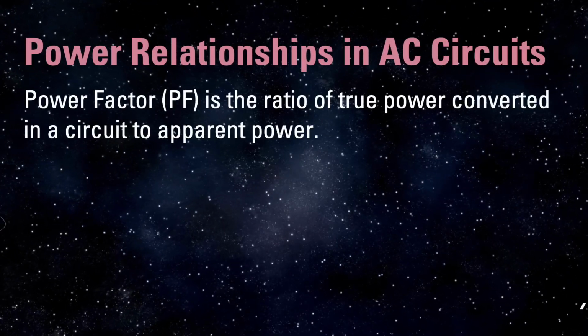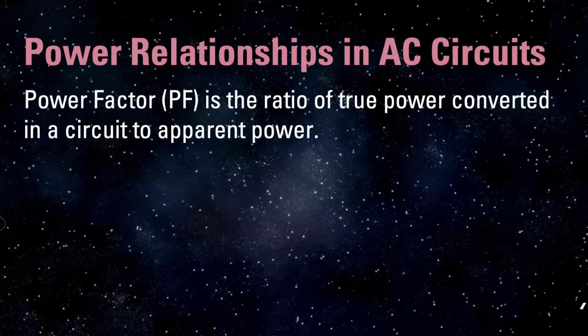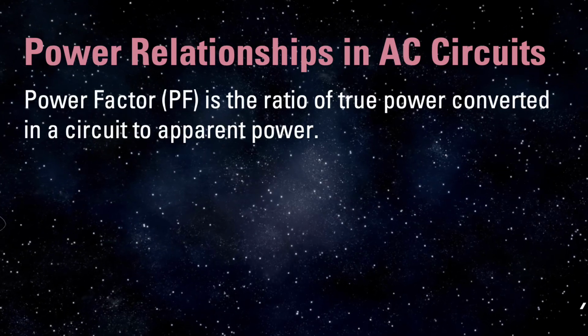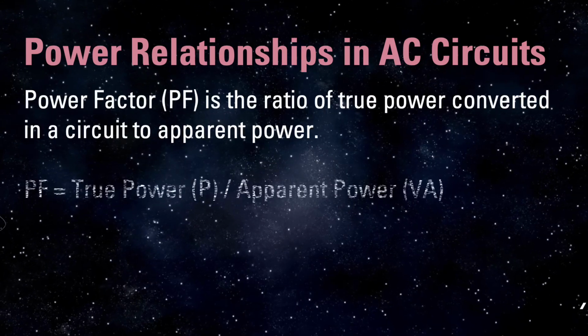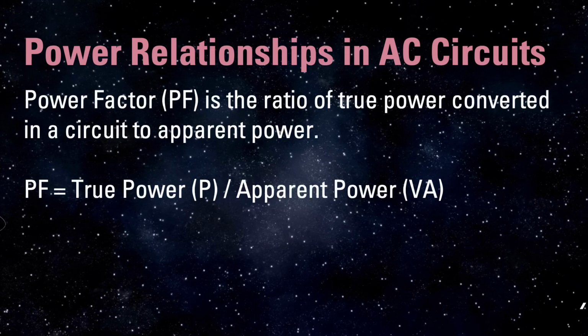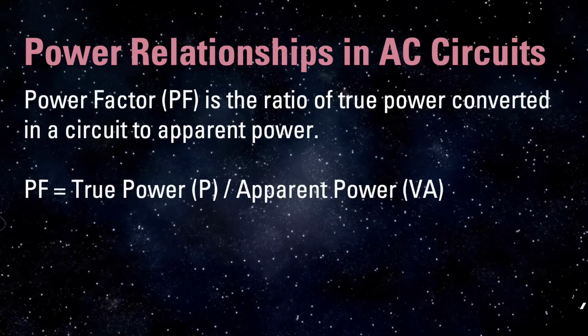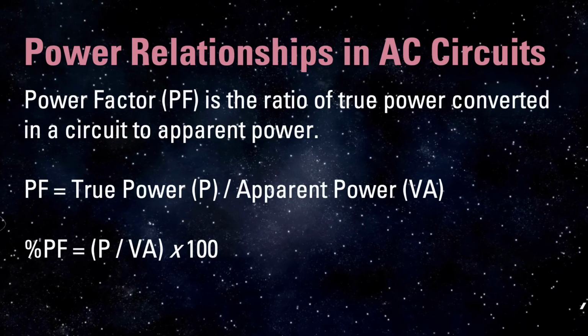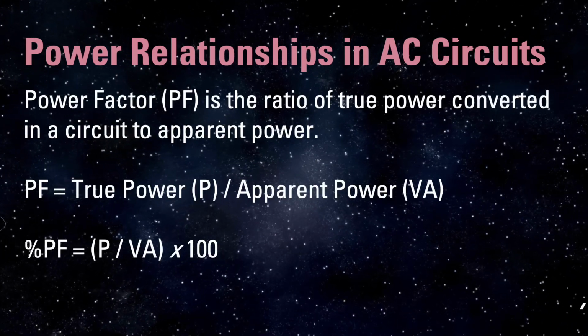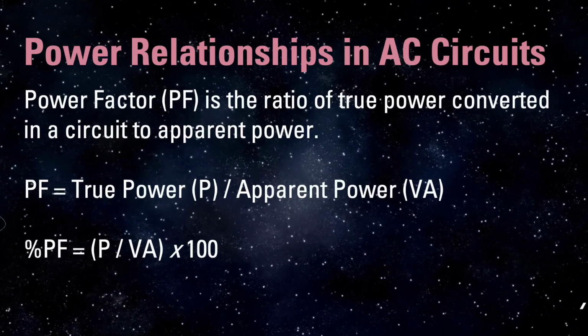Power factor, or PF, is the ratio of true power converted in a circuit to apparent power. PF is equal to true power, or P, divided by apparent power, or VA. Percent PF is equal to P over VA times 100.